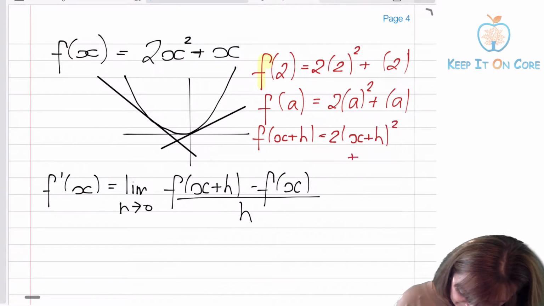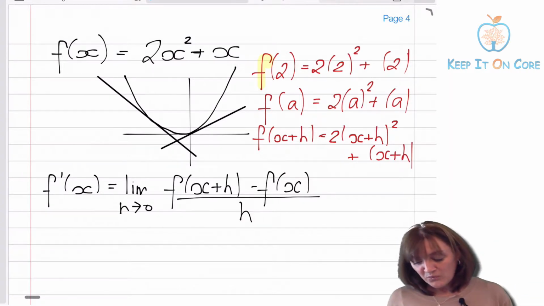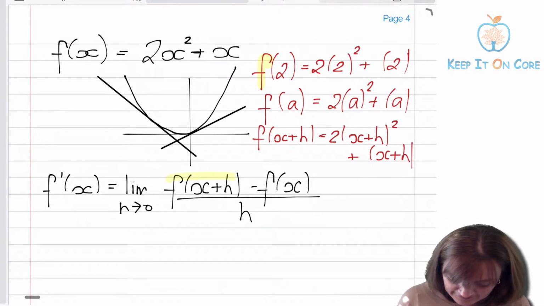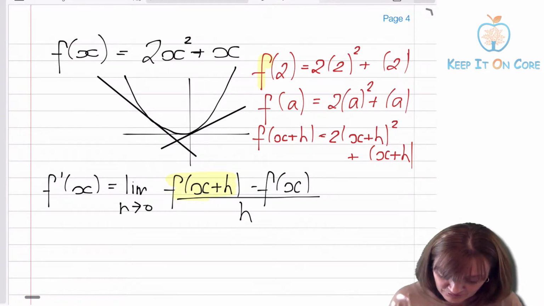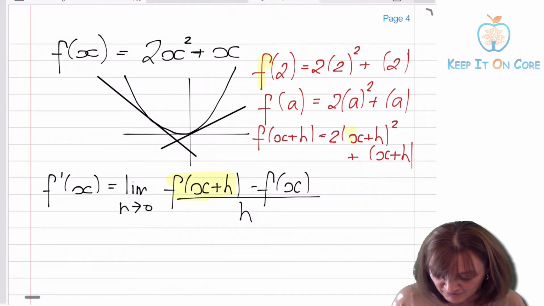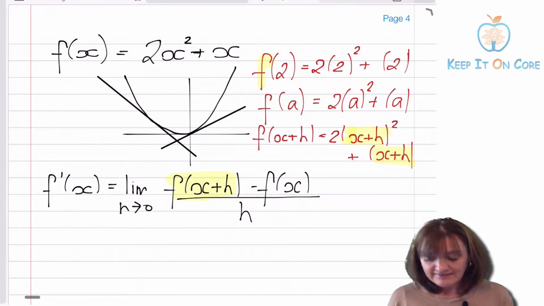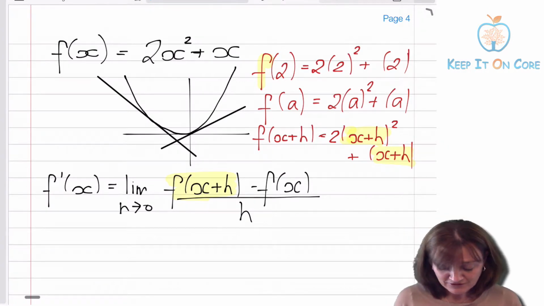So I'm going to have to write it underneath there. When we talk about f of x plus h, we're saying take the original f of x equation, but everywhere that there was an x, you are simply replacing it with x plus h. So just remember that.